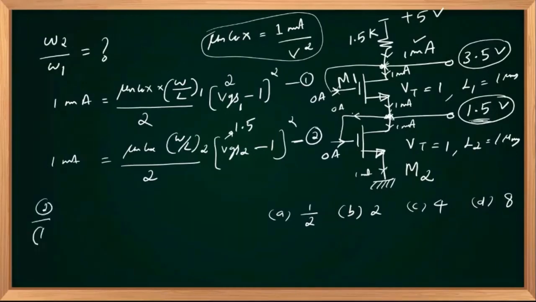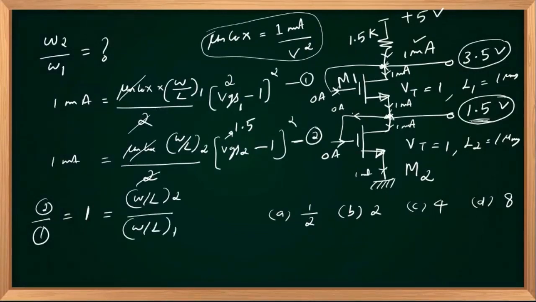Taking the ratio 2 by 1, on the left hand side you will get 1 milli by 1 milli. The 2 will get cancelled, mu n C ox will get cancelled. 2 by 1 will give you W by L of 2 upon W by L of 1, multiplied by 1.5 minus 1, which is 0.5, so 1 by 2 all squared on the numerator, divided by 2 minus 1, which is 1 squared. And the L values are the same, for both M1 and M2.